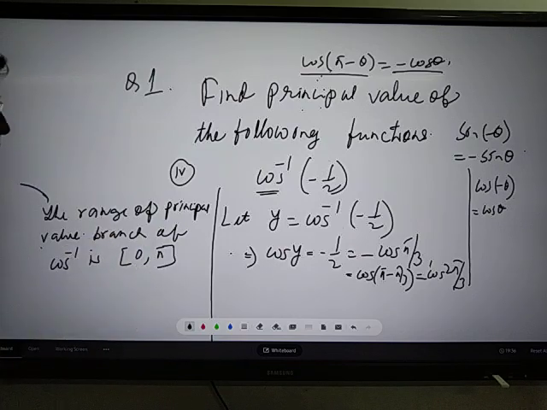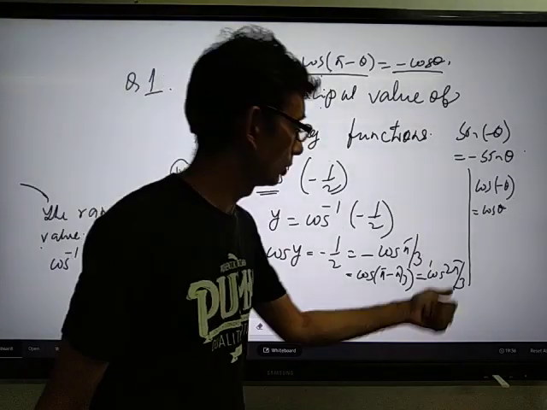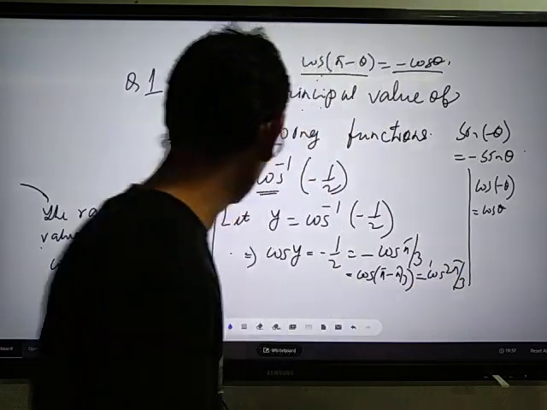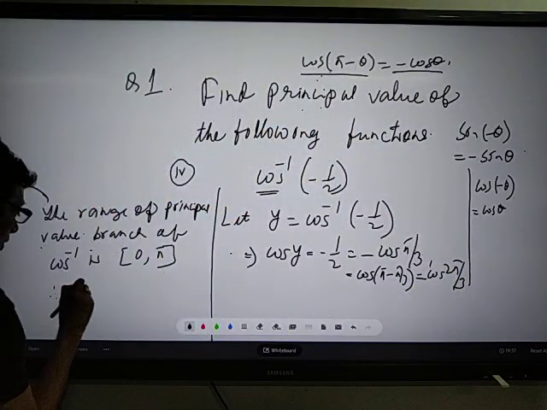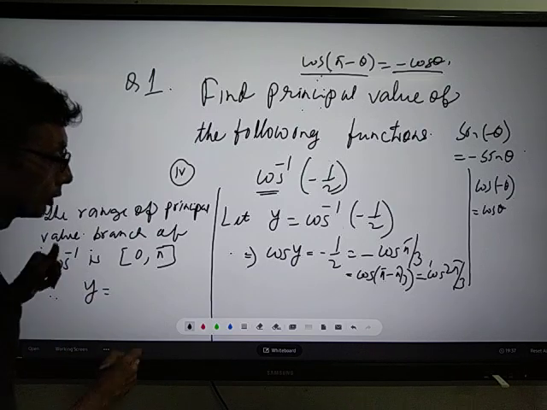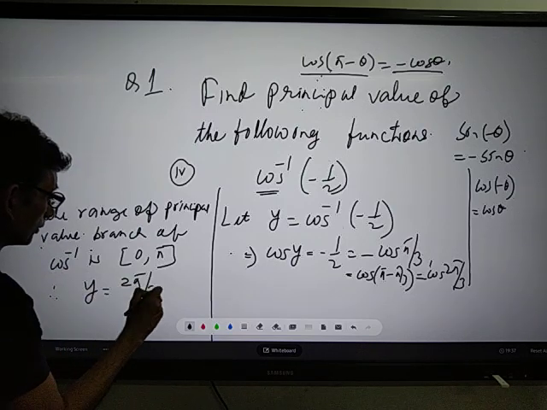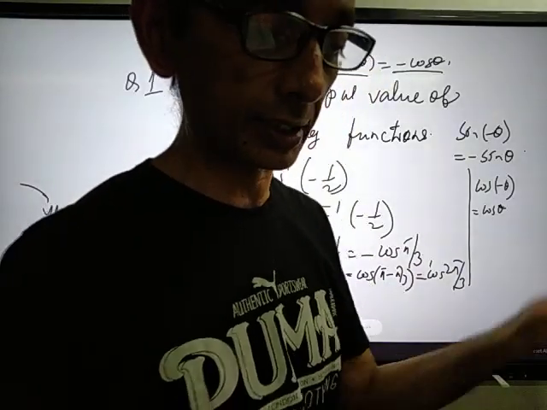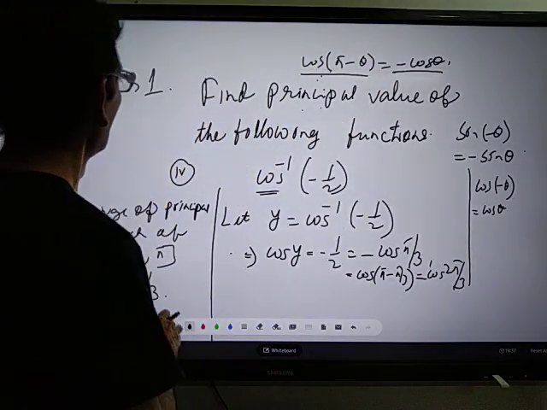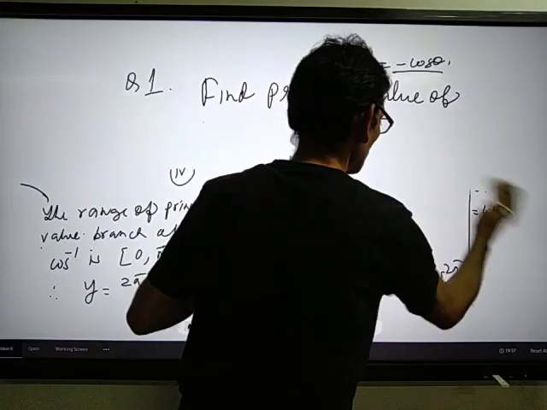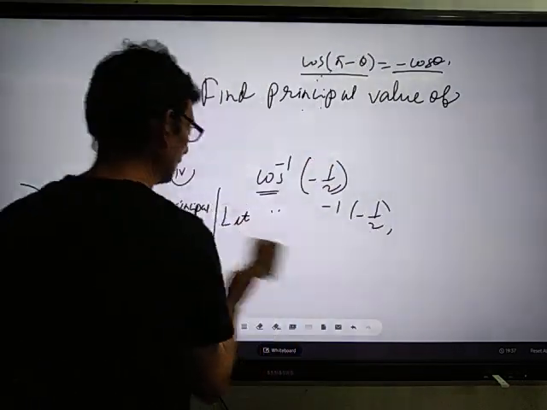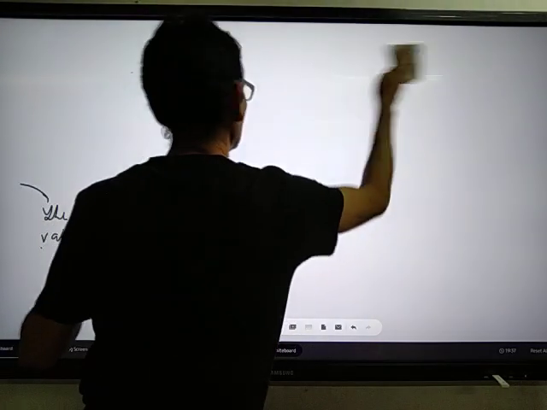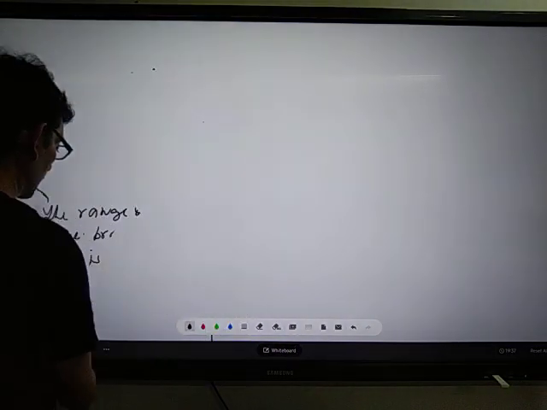We know that 0 to pi. So definitely 2 pi by 3 lies between 0 to pi, and therefore the principal value, that is y, equals 2 pi by 3. Done? Right. Okay. So we'll move to our next type of questions where we have more than one function together, and we need to find the principal value directly. We are going to solve a few questions of that type today.